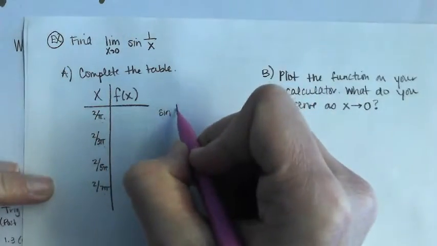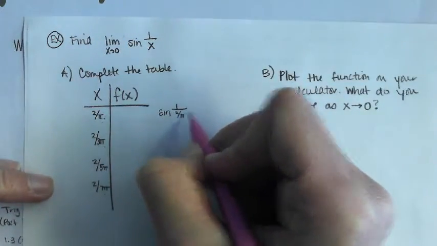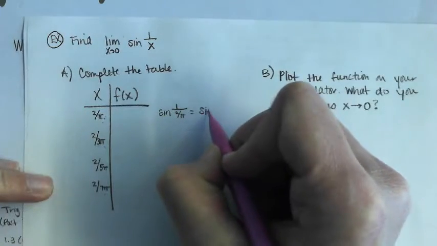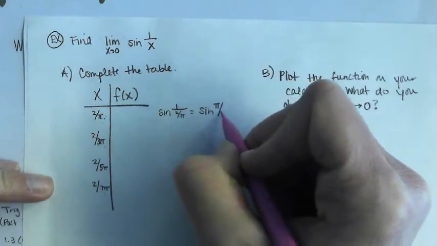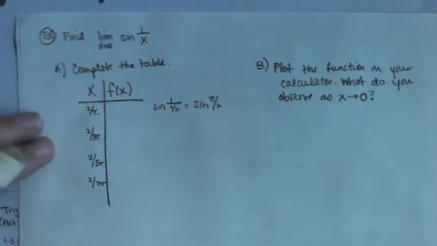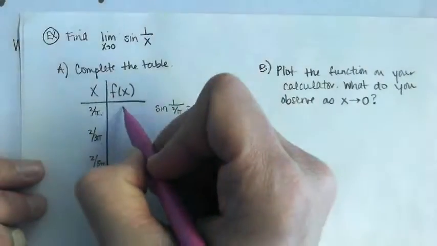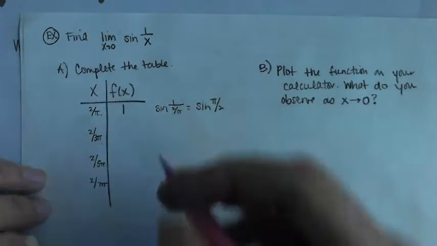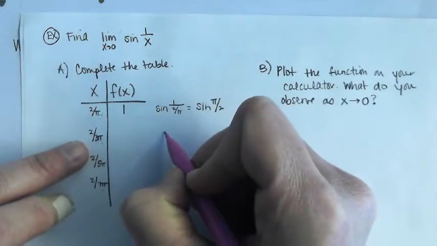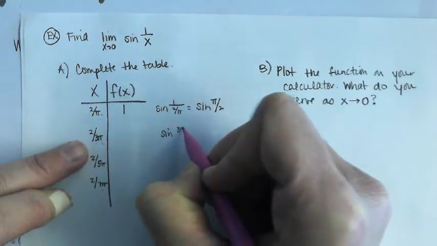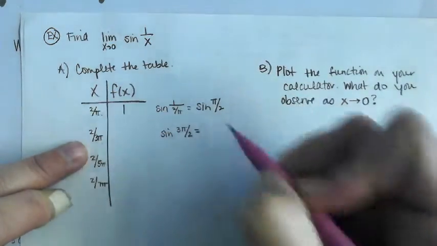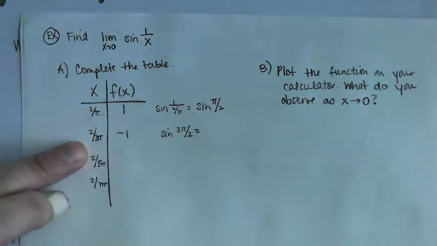So the sine of 1 over 2 over pi is the same as sine of pi over 2. It's just reciprocating that fraction. And we all know that the sine of pi over 2 is 1. And then the next one is going to be the sine of 3 pi over 2, which is -1.